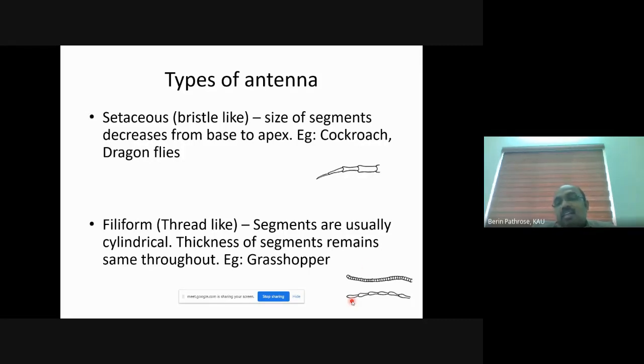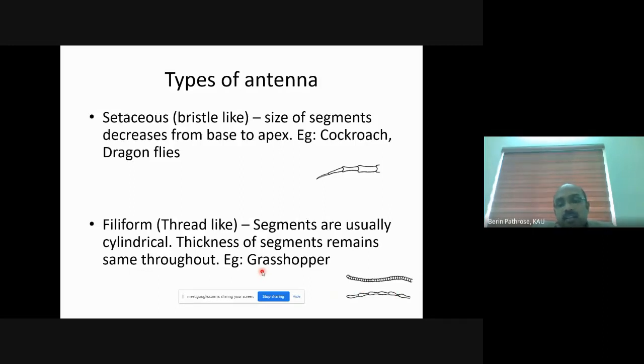The difference is that in setaceous antenna, the size of the segments decreases towards the tip, whereas in filiform antenna the size remains the same, almost cylindrical from base to tip.